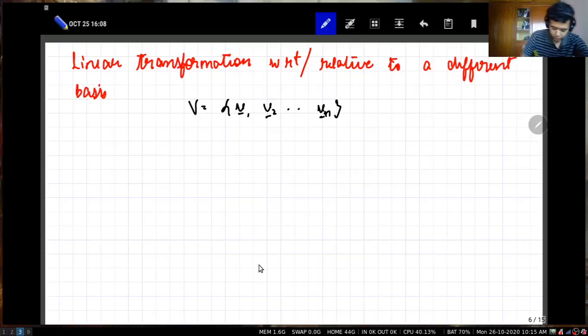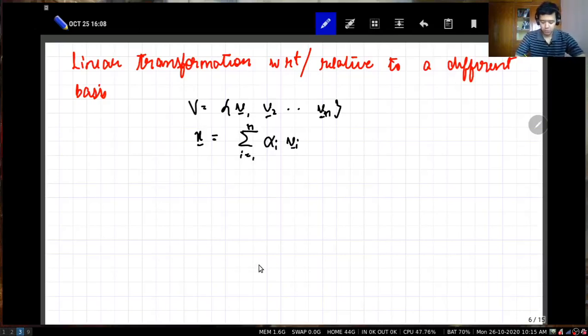So if we look at the coefficient matrix, let's suppose that we have an arbitrary vector x, which is, say, the sum over i going from 1 to n of alpha i vi.